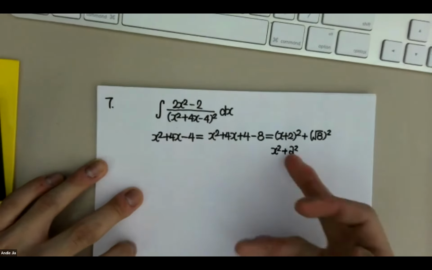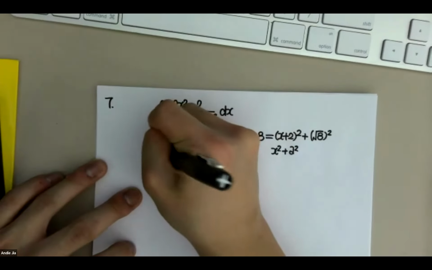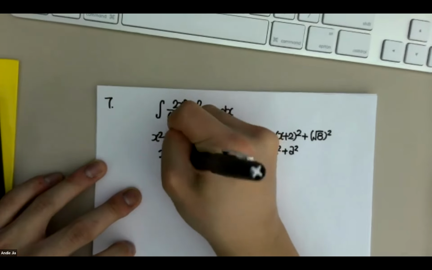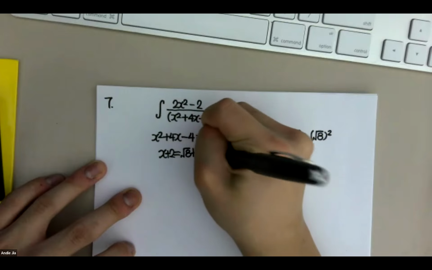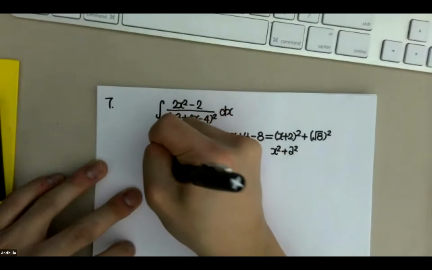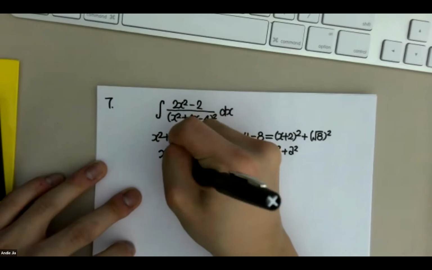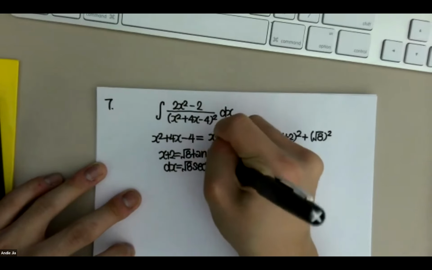So we let x plus 2 equal the square root of 8 tangent of theta. Then dx is the square root of 8 secant squared of theta d theta.